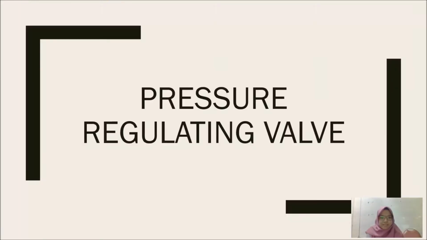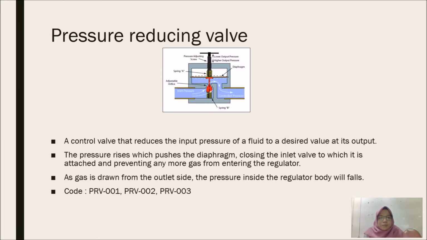For the pressure regulating valve, we use a pressure reducing valve to reduce the input pressure of a fluid to a desired value at its output. How it functions: the pressure rises, which pushes the diaphragm, closing the inlet valve to which it is attached and preventing any more gas from entering the regulator.